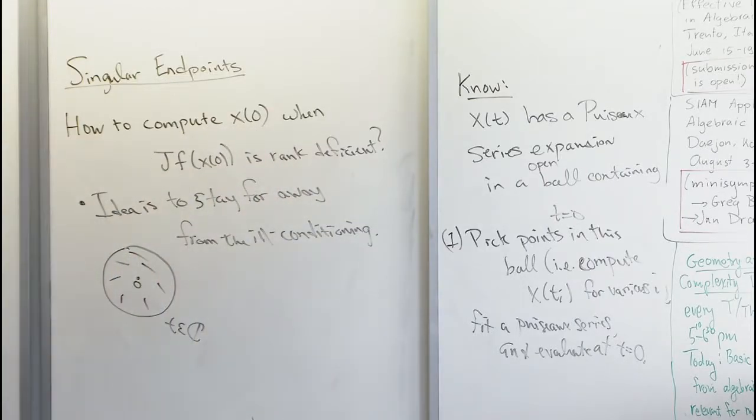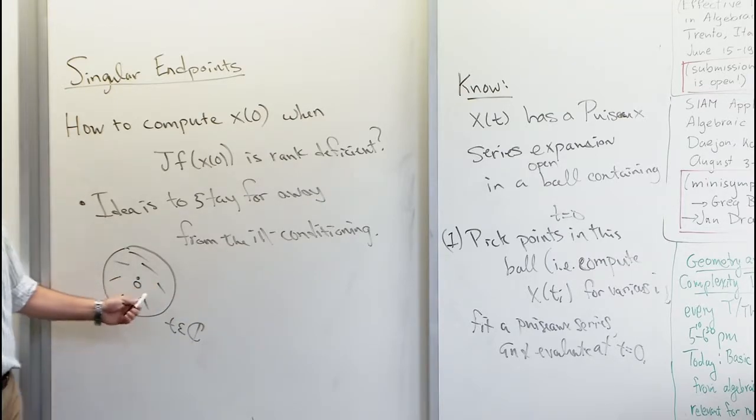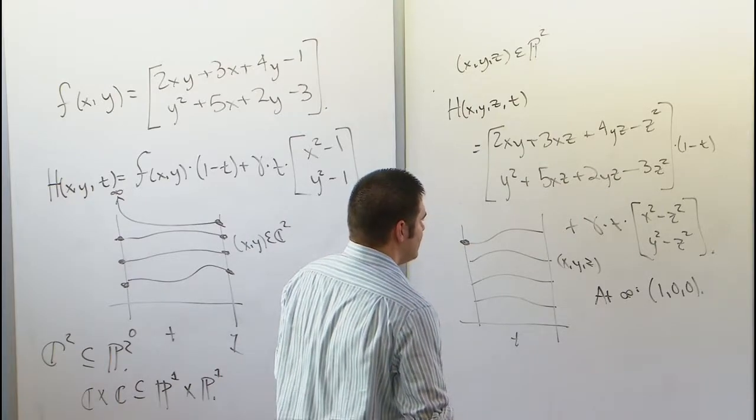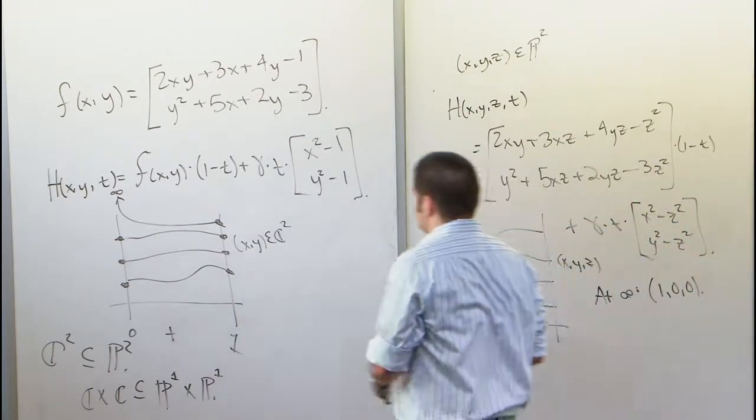You're assuming an isolated point. No. No. No. The nice thing is it's isolated with respect to the homotopy, x of t, away from 0. But at t equal to 0, I don't know what happens. It could be isolated, it could be positive dimensional. Nonetheless, I have a series expansion there.